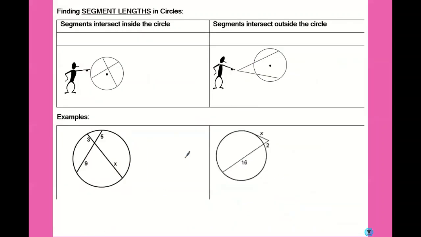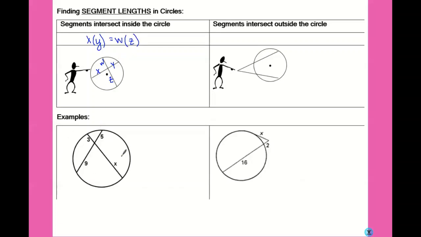What about segment lengths? If the segments intersect inside the circle, the pieces that go with the same line, so x and y. If this is x and this is y, x times y would have to equal the pieces of the other one, so w times z.